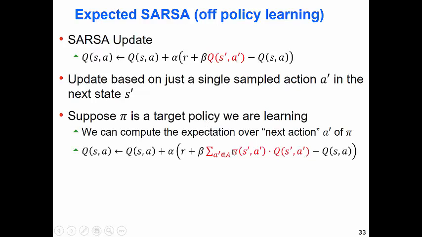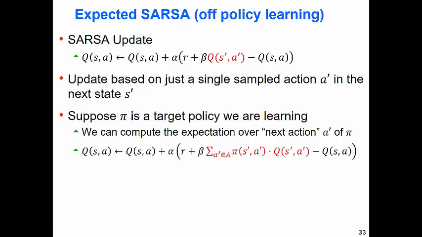Whereas expected Sarsa, the thing is when we know what the policy is, and this is going to be an explore exploit policy, typically, when we're learning, you can figure out the probability of every action that the policy might have taken, right? Generally, for an epsilon greedy explore exploit policy, there's going to be probability 1 minus epsilon for the greedy action, and then the epsilon probability is distributed across the others.